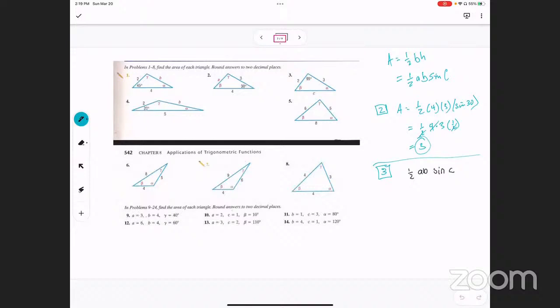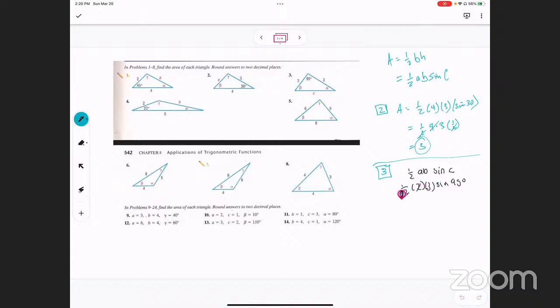So if it's the sine of angle C, that would be sine of 95 degrees. And 1/2 times 2 times 3.